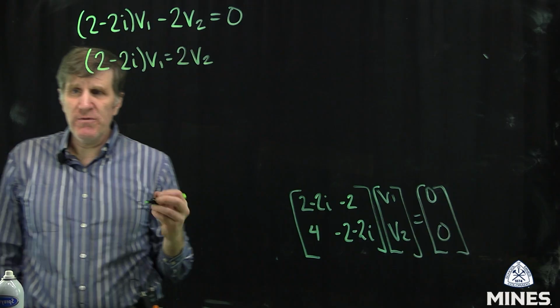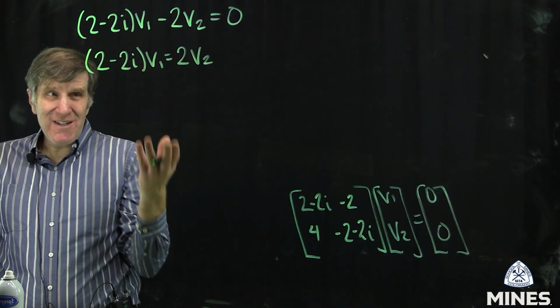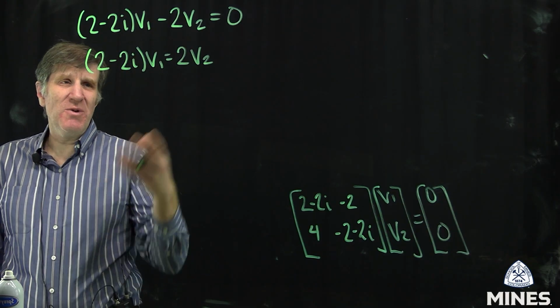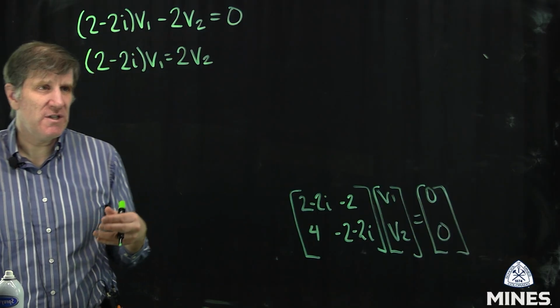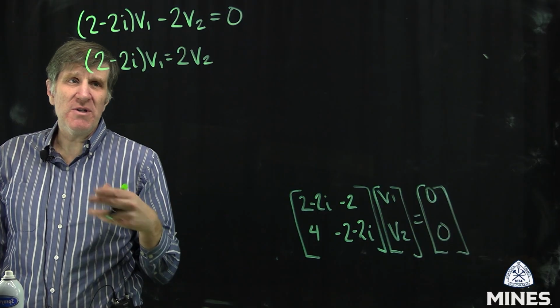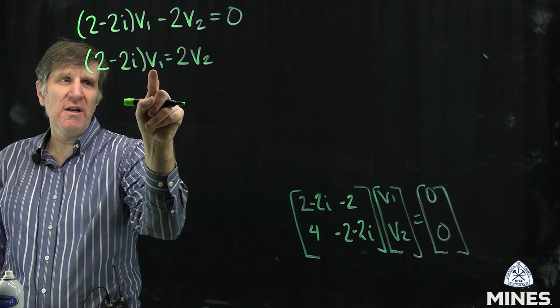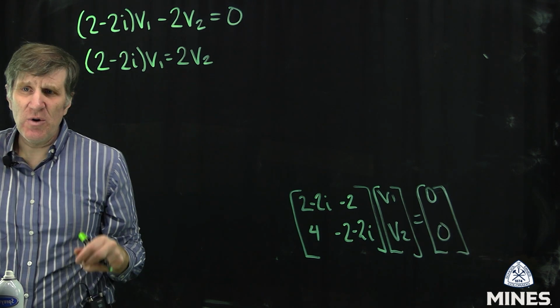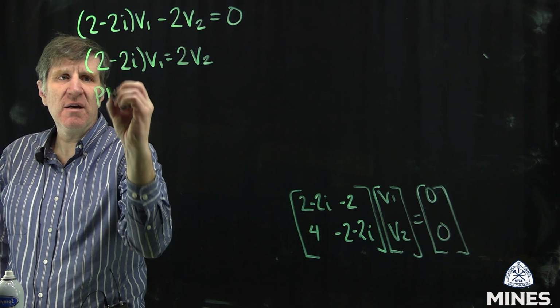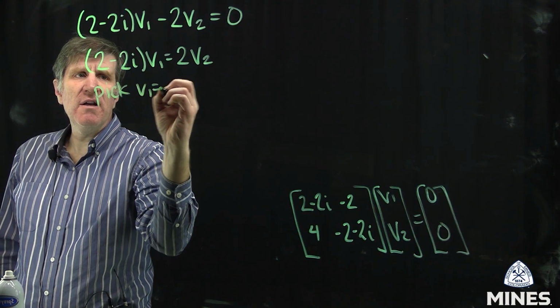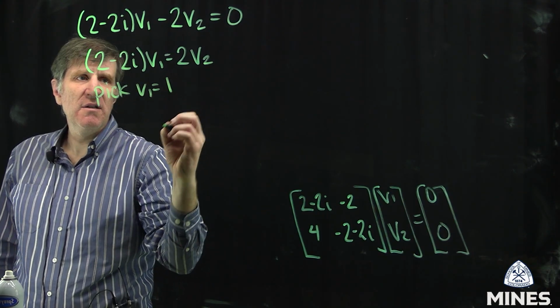And now I pick a value for v1 or v2. With the previous examples, it didn't really matter if I picked a value for v1 or v2. Now with the complex numbers, I just want to pick a value for v1 so that I can see exactly what v2 is. So let me pick v1 equals 1.